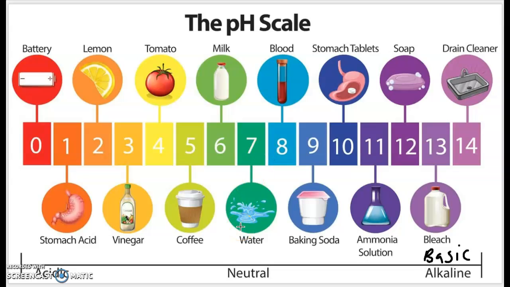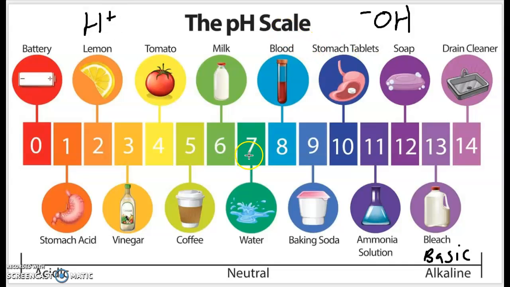So let's get into what it means to be a pH of 8. Let's go basic for a second. I'm feeling basic. So if you go from a pH of 7 to a pH of 8, all that means is that you've added hydroxide ions, the base ions. Remember, according to Arrhenius' definition, base ions are OH minus and acid ions are H plus.